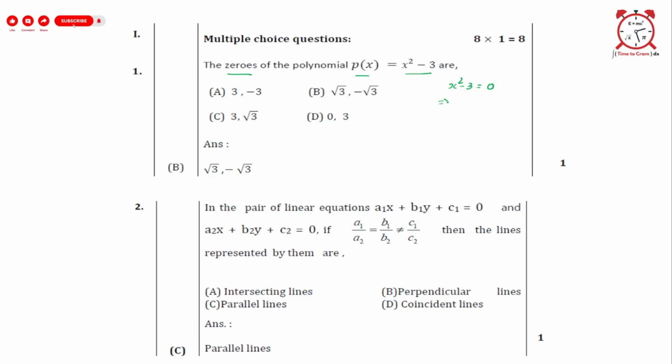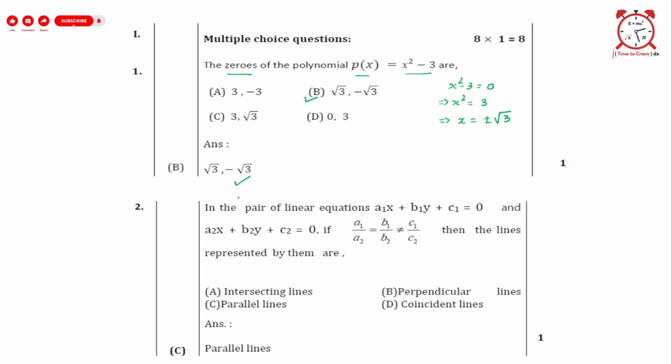Then by transposition method x square equal to 3. Next step, if we take the square root, then plus or minus root 3. So that is why plus root 3 and minus root 3. So answer is B. So in that way, if the numbers are changed in board examination, you have to find the answer. This is a very easy and understandable method.